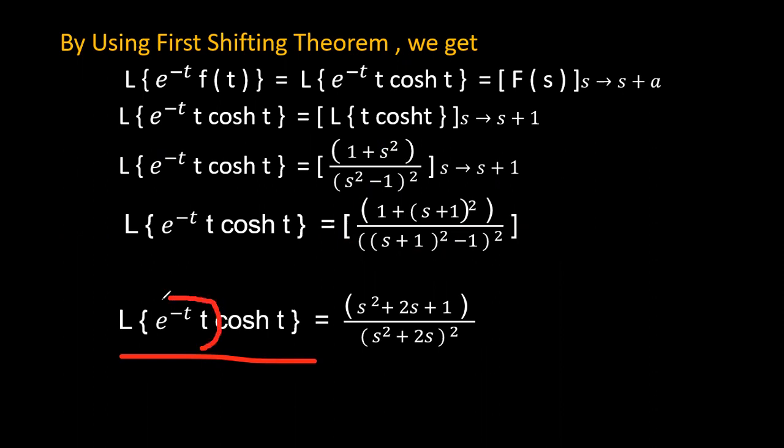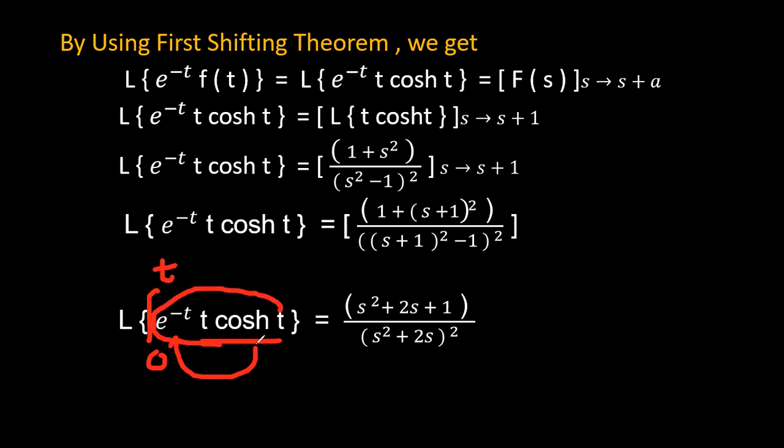So here we are applying two methods to simplify this function. Okay, so be careful, there may be chances of three methods being given in a function. Sometimes you may have integration 0 to t of e power minus t t cos ht. The first method is multiplication by t, and next you have to apply the shifting method.